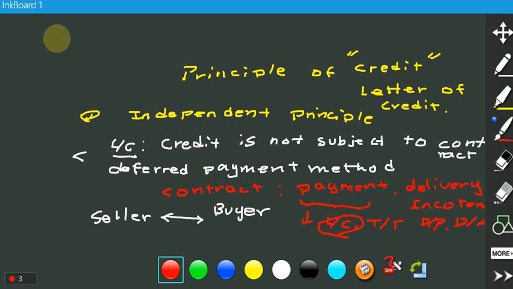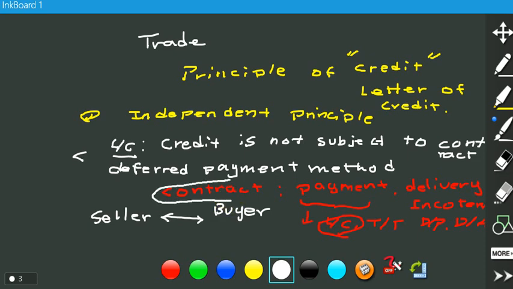Meaning that, okay, here you have a trade contract, and we have a letter of credit here.